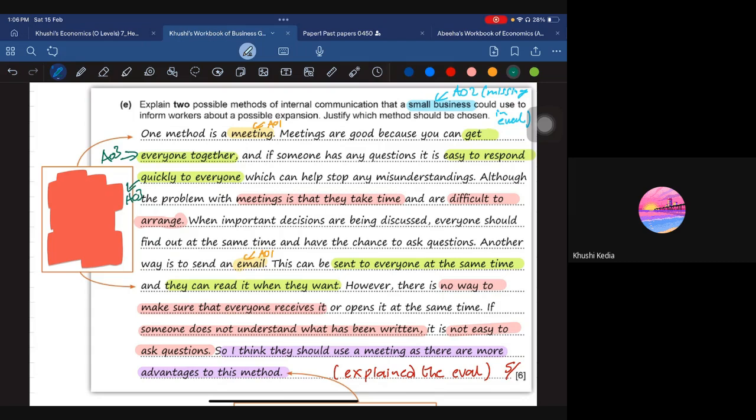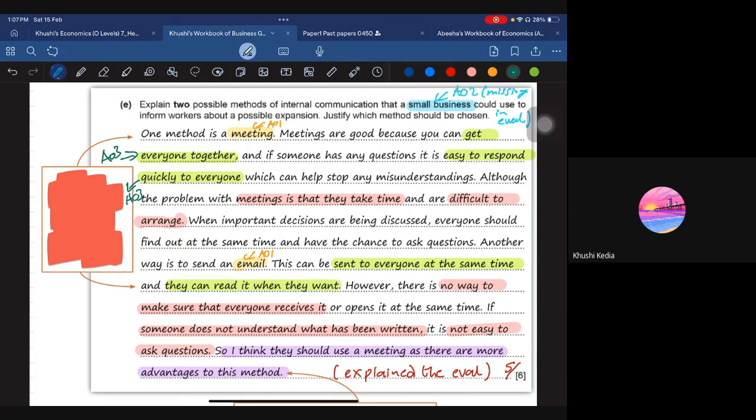Just give me 1 minute. This is from the learner's guide that I have taken. So it's probably 2023. No, this is a specimen paper of 2020, I guess. Yes, I found it.